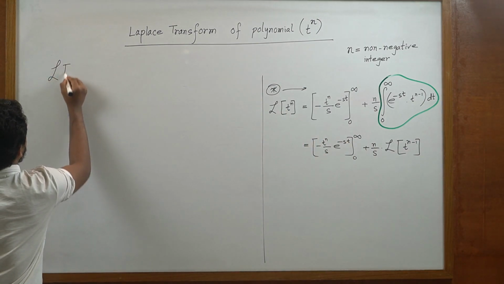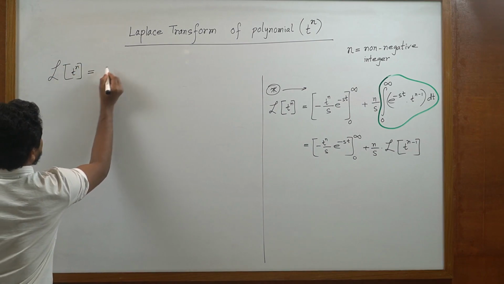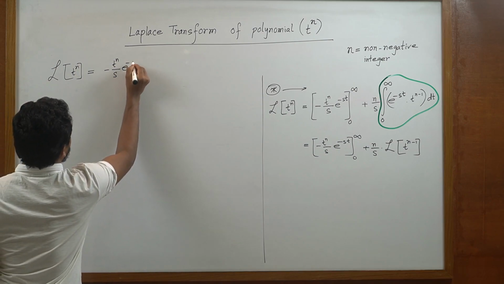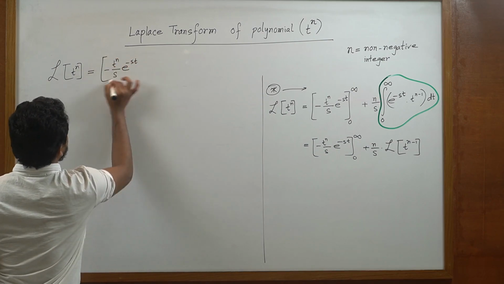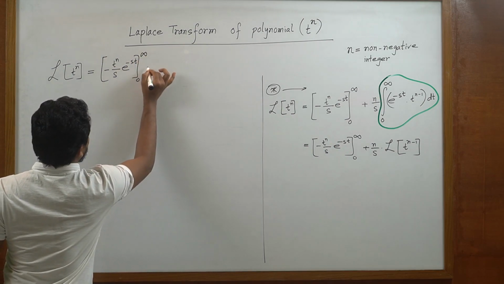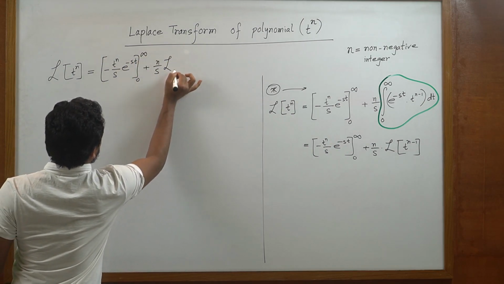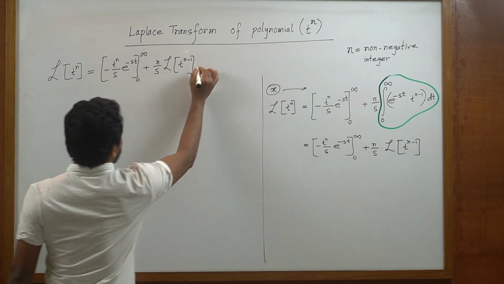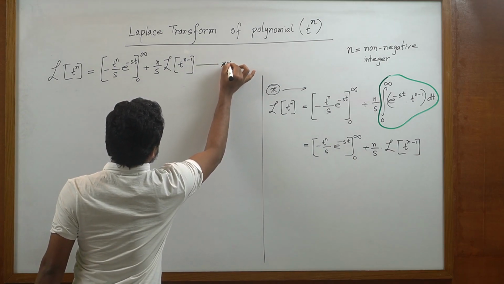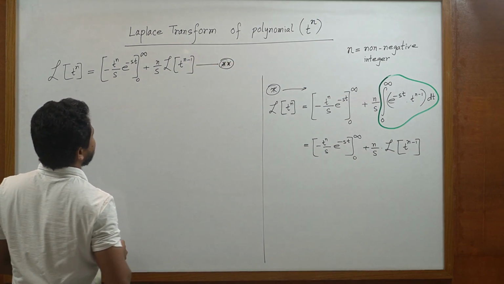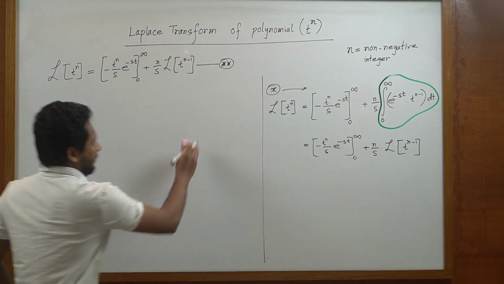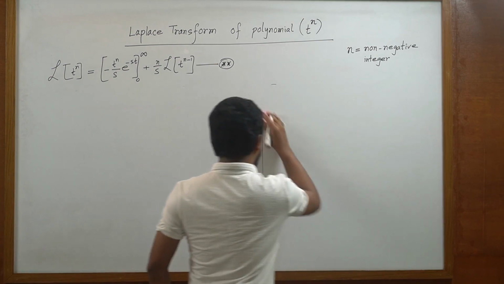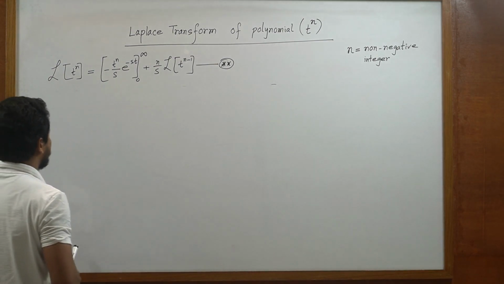The Laplace transform of t to the power n equals minus t to the power n by s e to the power minus st from 0 to infinity plus n by s times the Laplace transform of t to the power n minus 1. So this equation we will call double star. Now we will evaluate this portion.